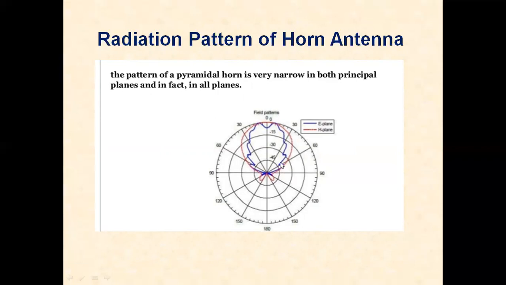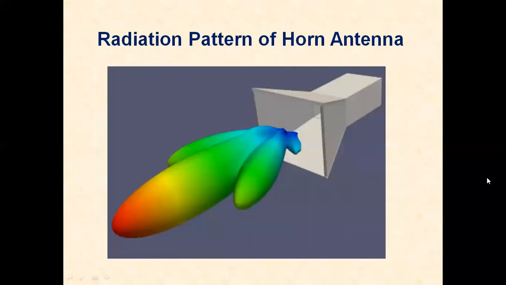And this blue shape is the E plane. And this red radiation structure shown here is the H plane. So it produces a very narrow pattern in both the principal planes. And we can see a much clearer picture of the radiation pattern.